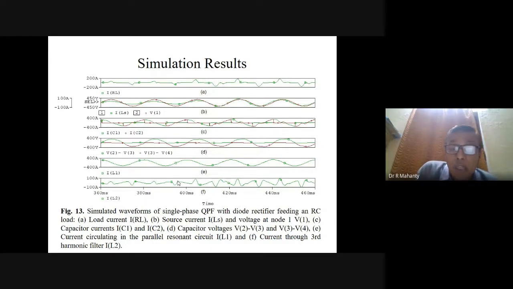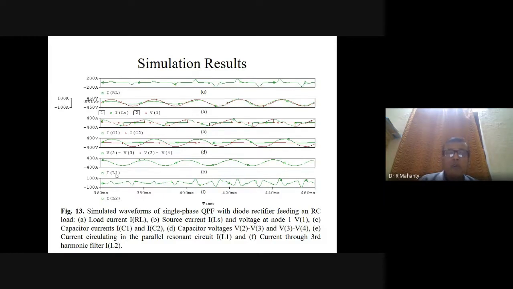If we neglect the resistance of the capacitors and the inductors, the fundamental component will be almost zero. So let us see the harmonic spectrum of this, so things will be more clear to you. Let us see it in the next slide.